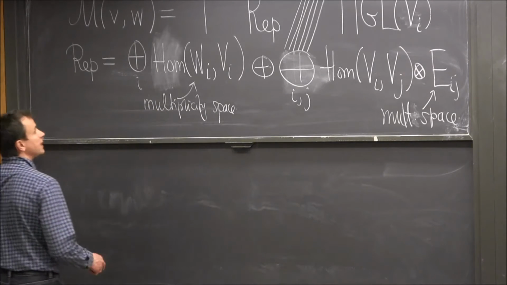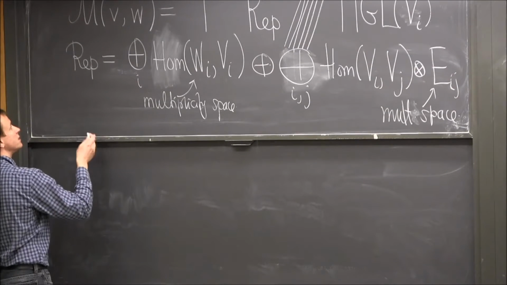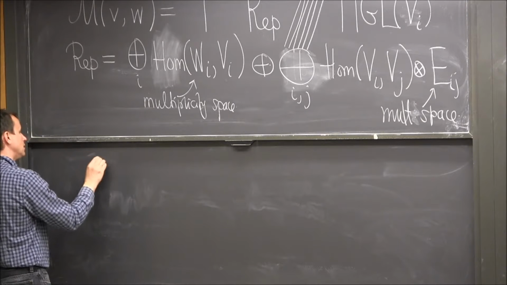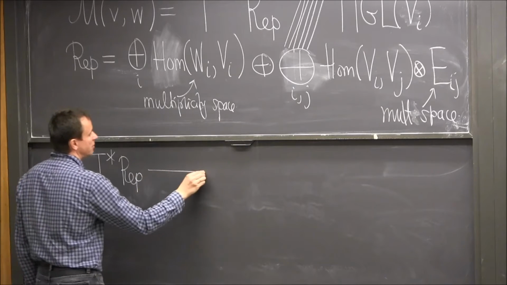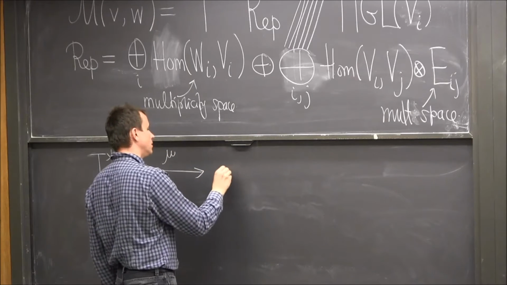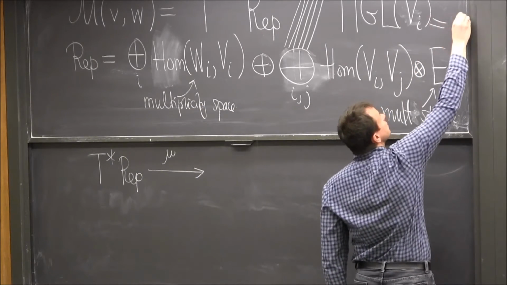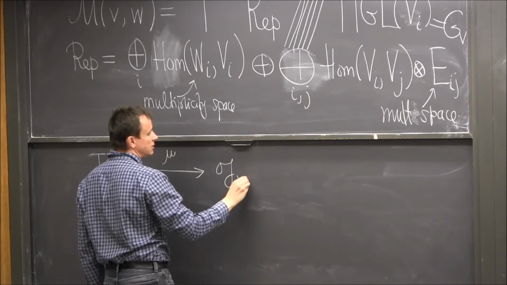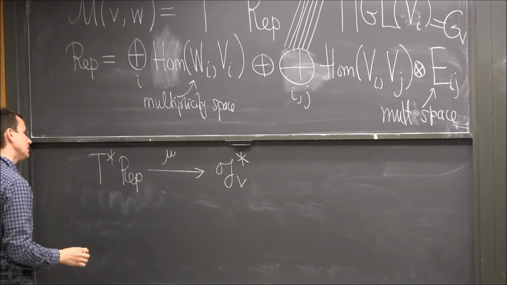And what does this double slash mean? First, we have a moment map from T star of the representation to the dual of the Lie algebra, which I'll call g_V dual.